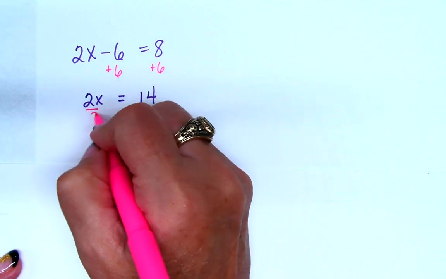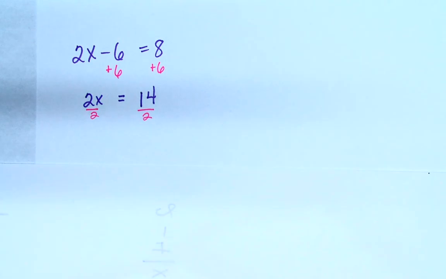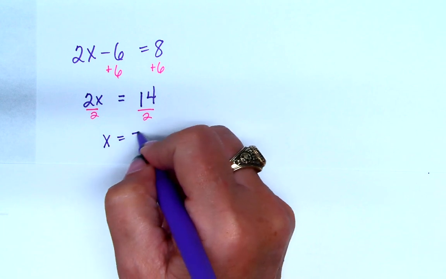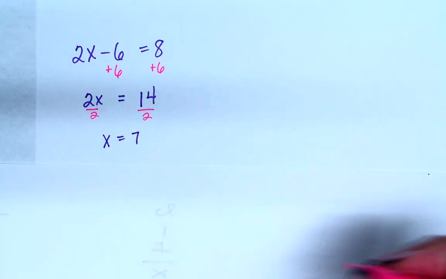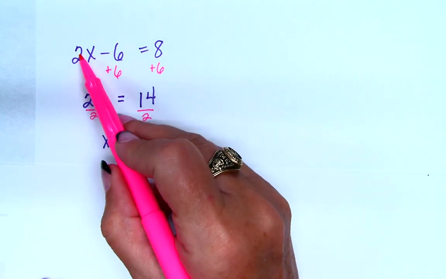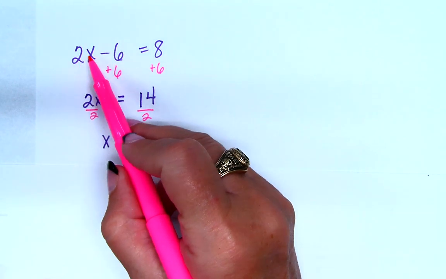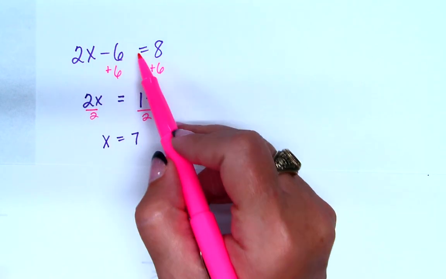Divide by 2 on both sides, very good. X equals 7. Wait, so does x always equal 7? No. Just these two examples happen to both equal 7. Is it right? 7 times 2, 14 minus 6, does that equal 8?